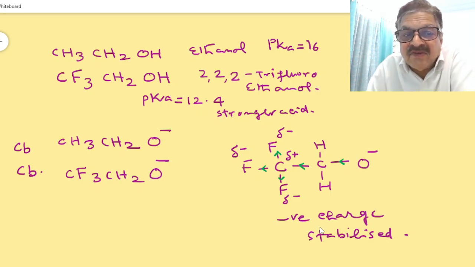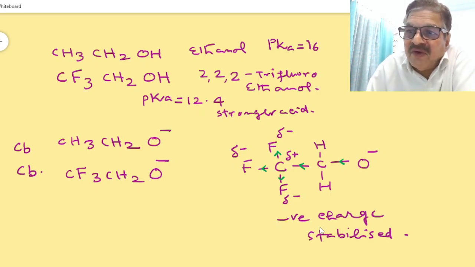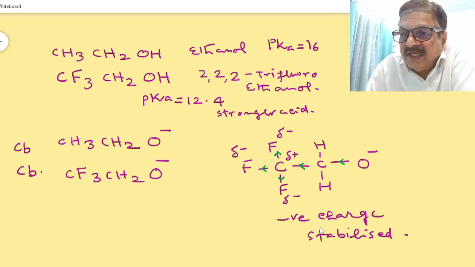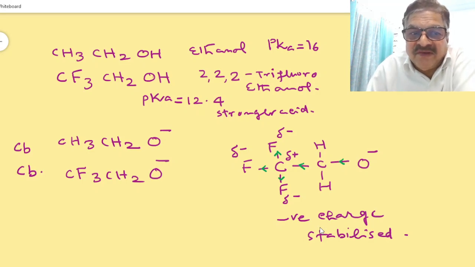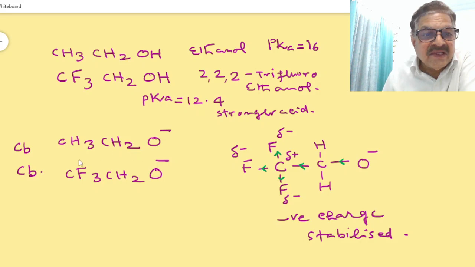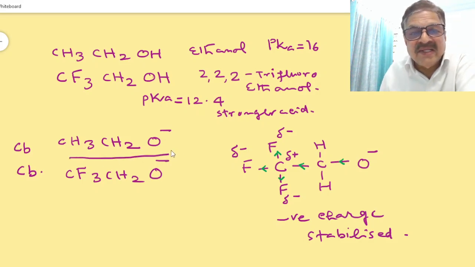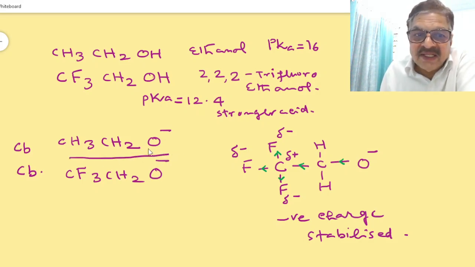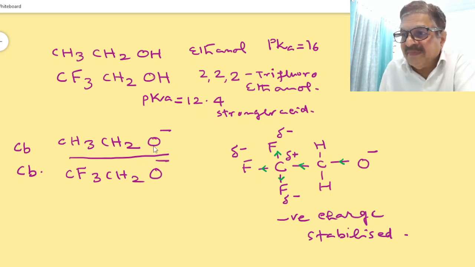Now CH3CH2O minus has no additional electronegative atoms to stabilize the conjugate base. There are no additional factors here, only a negative charge. There is nothing to stabilize this negative charge on the oxygen atom. But in this case, the electronegative fluorine atoms stabilize it. The same is the case with chlorinated acetic acid.